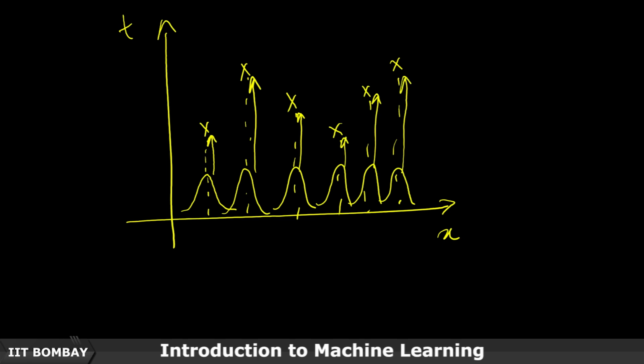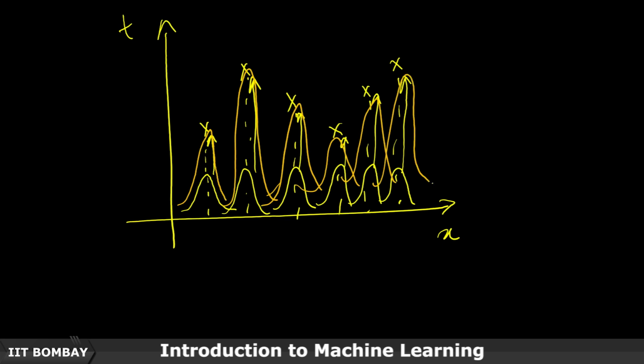So now once we scale these points, what we get is slightly different functions. We get something like this, and when we add all of them up, the linearly scaled versions of the function, we get some smooth interpolated function.